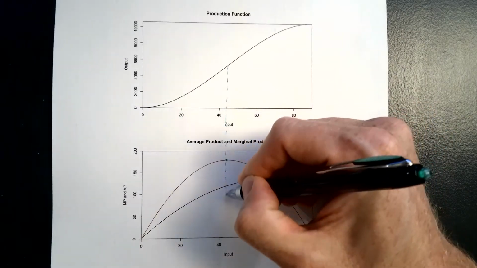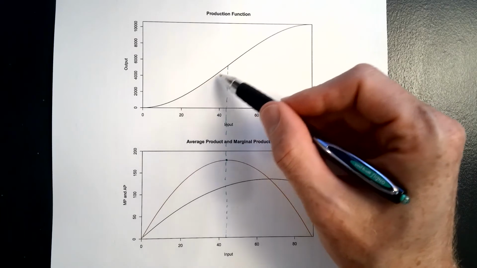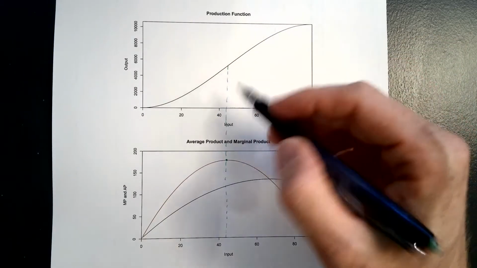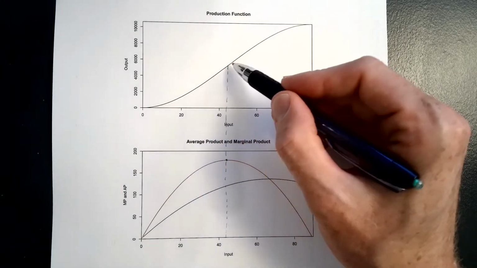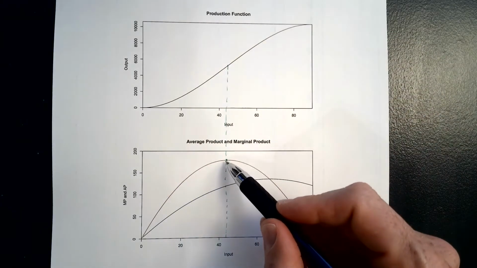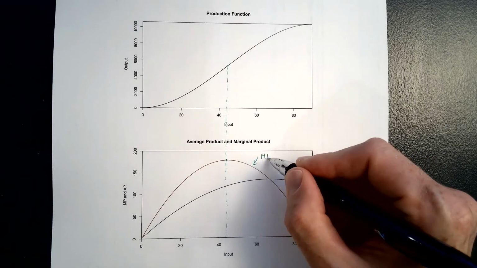And this represents the point where we are moving from increasing returns to scale to decreasing returns to scale. Okay? So the steepest slope of the production function is right here, and that is indicated by the marginal product being maximized.